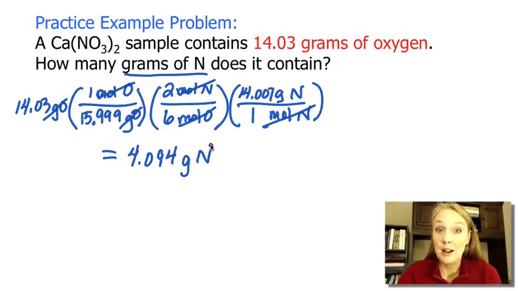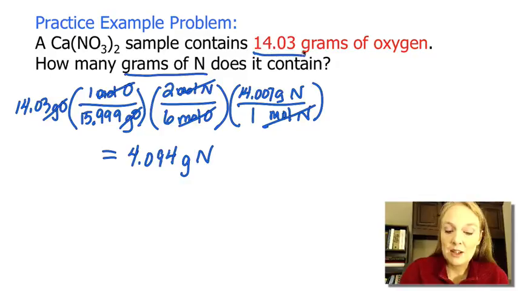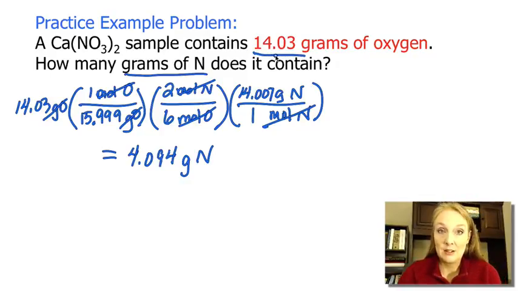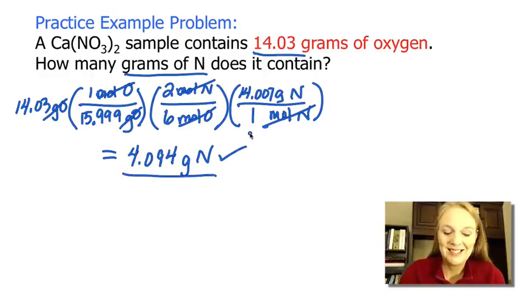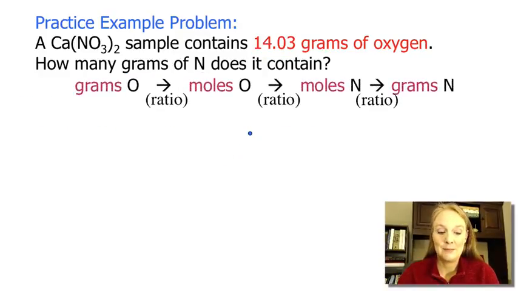As a quick check, I'm going to make sure that I express the answer with the correct number of significant figures. The quantity I was given initially had 4 significant figures. I did all multiplication and division in this problem, so the answer should also have 4 significant figures, and it does. I have one more practice example to work together.